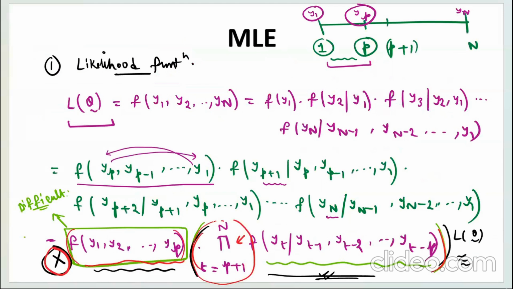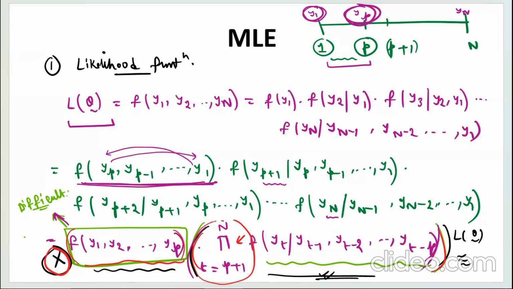Now, the only thing different here is that since we are working with the AR(p) process, you have to find the joint distribution of y1 to yp, but that is very difficult to find. Hence, you can drop that safely, saying that we will find the approximate likelihood function instead of the exact likelihood function. And the rest of the things are written in this fashion.